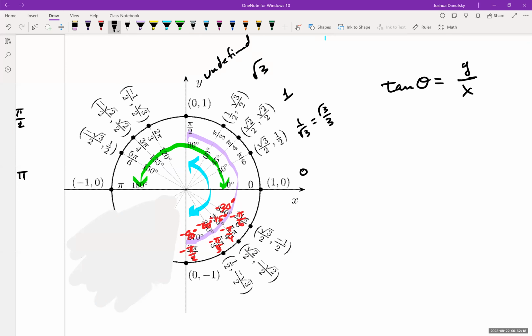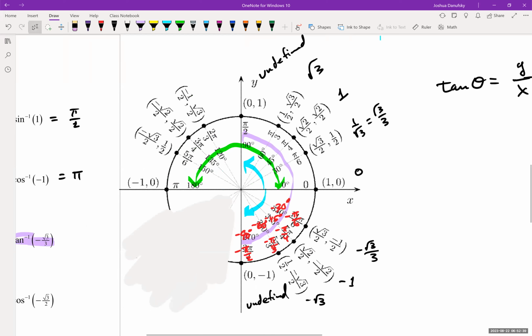And the same thing happens in quadrant 4, but they're all negative. So here we'll have negative root 3 over 3. Here we'll have negative 1. And here we'll have negative root 3 and undefined again. Okay, so those are the tan values in those two quadrants.